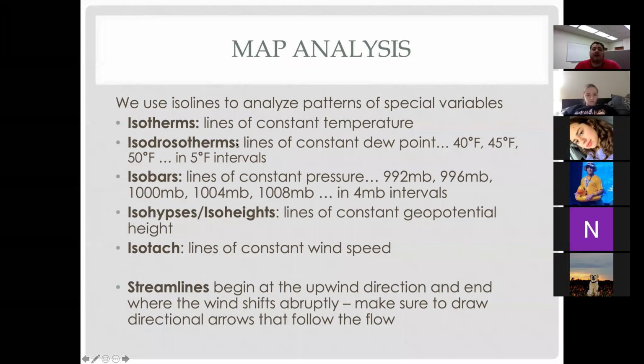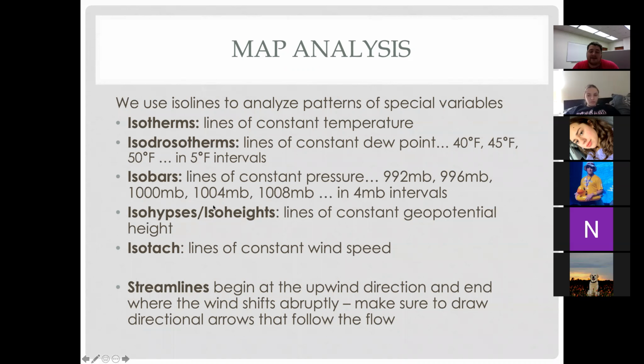We'll go through these. Isotherms are lines of constant temperature. This is a mouthful right here: isodrosotherms, these are lines of constant dew point. So instead of temperature, constant dew point. Isobars, you guys are familiar with this, lines of equal pressure. Remember, they're usually in 4 millibar intervals.